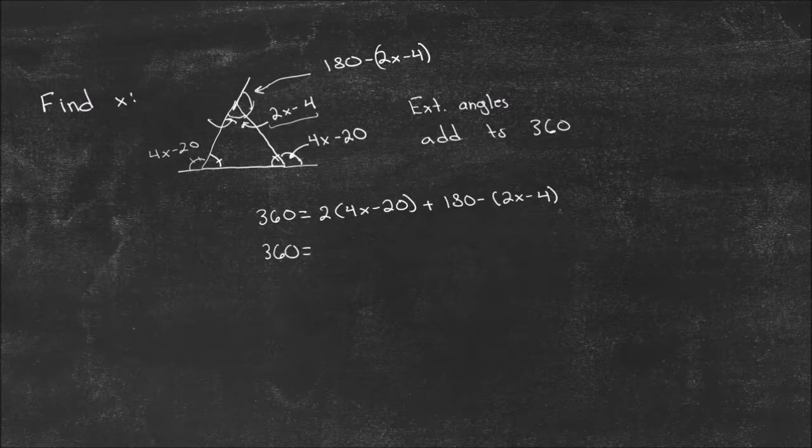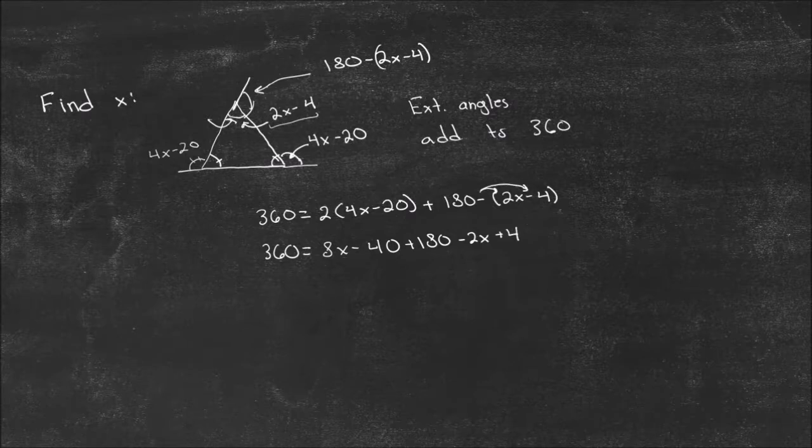So 360 equals, distribute that to 8x minus 40, 2 times 20, plus 180 minus 2x. Now I'm distributing this negative, so be careful here, because it makes the 4 a positive. So plus 4.